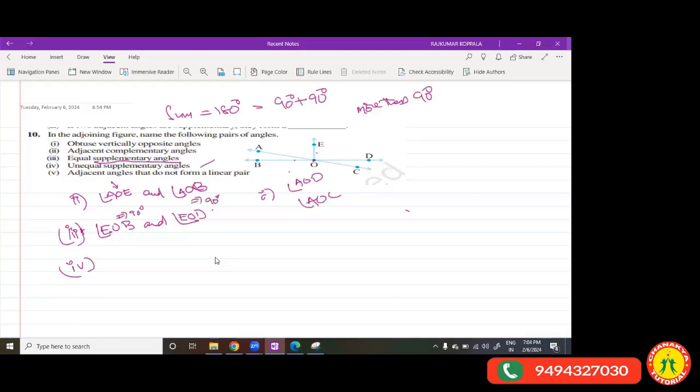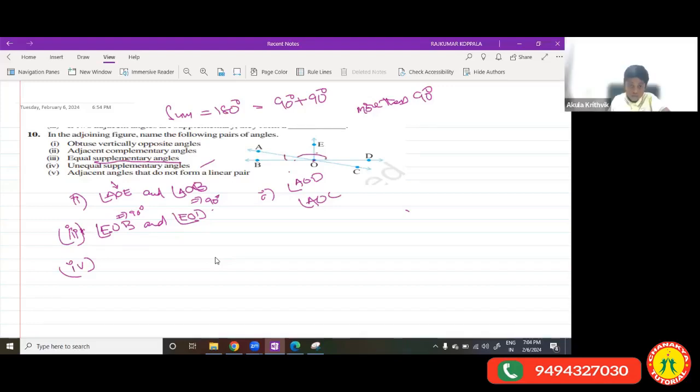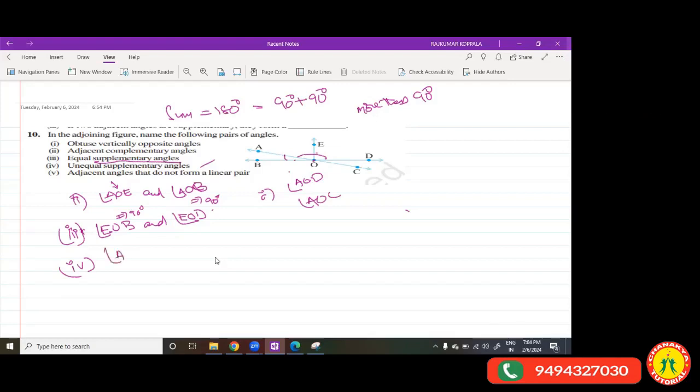But now we have to say both should be supplementary but not equal. See here, these angles are supplementary. So this angle plus this angle become 180 only, na? So angle AOD and angle AOB.